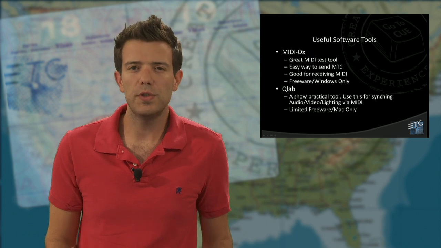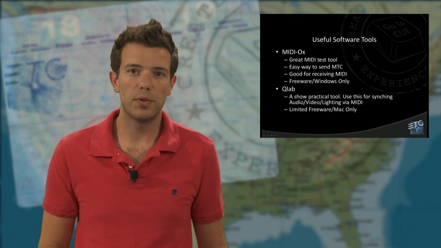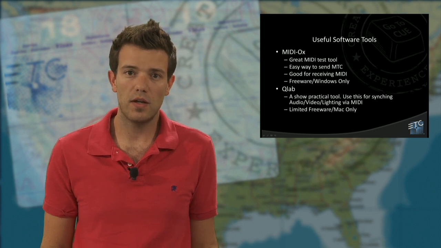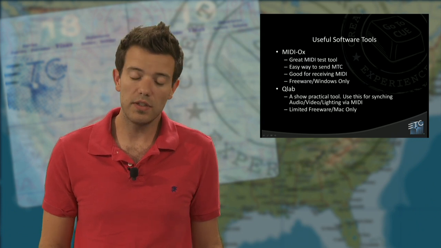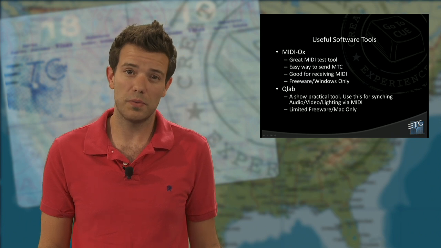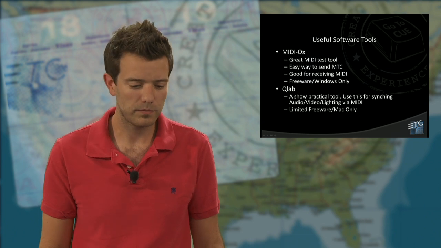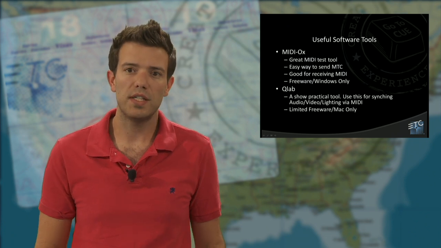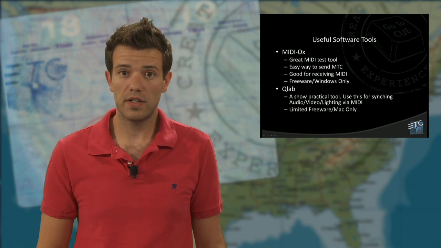Different tools that we'll use a lot in testing. MIDI aux is a really great test program that we use for testing different MIDI functions. It's a Windows program that we'll use a lot in R&D and test. It's really great on site because it also works with that simple USB to MIDI adapter that I spoke of earlier. QLab is an amazing program used in shows for actually controlling those different commands.